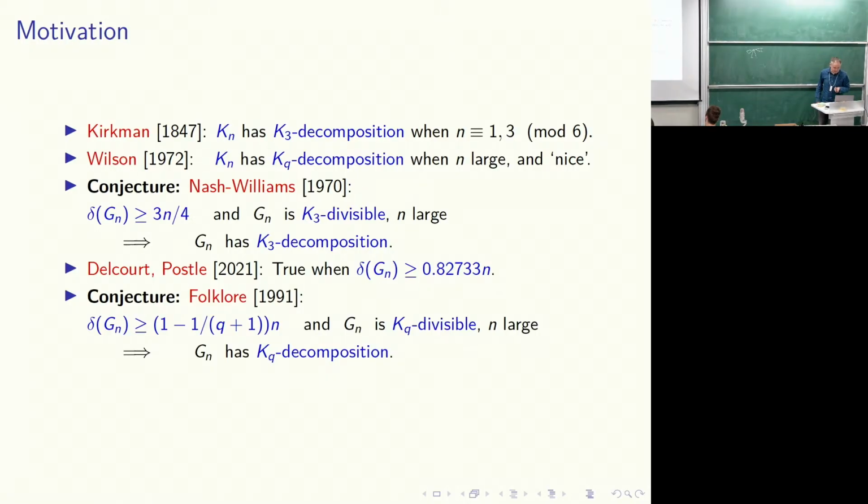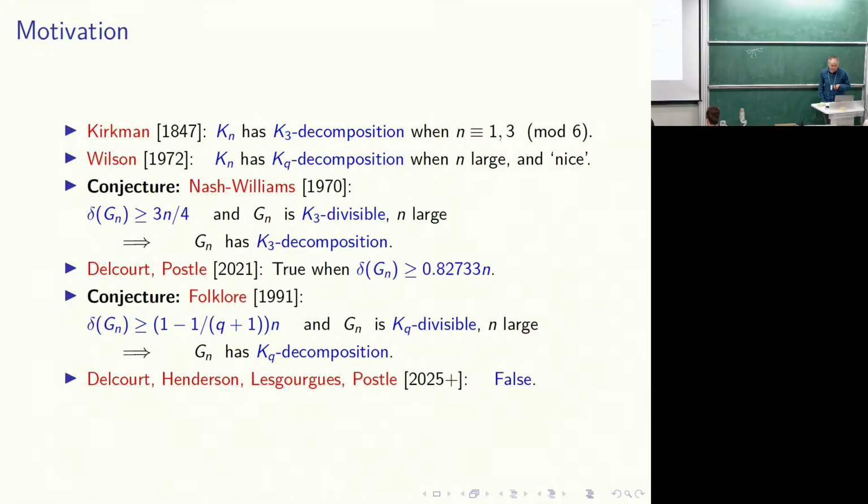It's a folklore conjecture that if the minimum degree of a graph is sufficiently large and there are no trivial obstructions to having a KQ decomposition, then there should be a KQ decomposition.